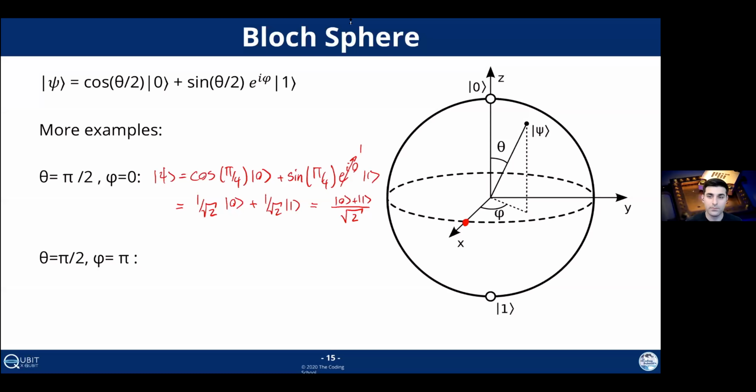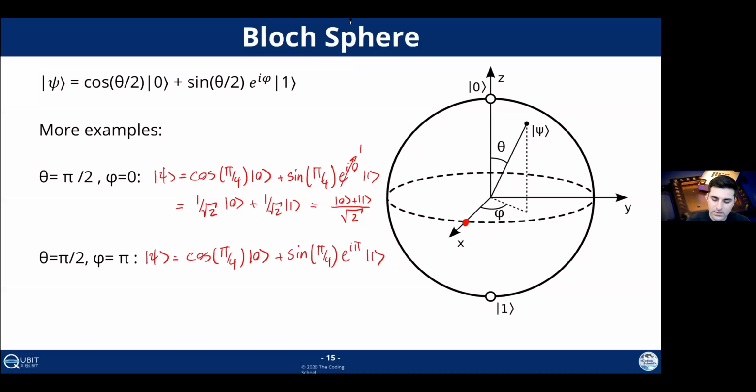Again, an overwhelming majority of you also got this correct. So I have psi here, and theta is pi over 2, so I'm going to have cosine of pi divided by 4 times the 0 state plus sine of pi divided by 4 times e to the i pi now, because this azimuthal angle phi is equal to pi, times the 1 state.